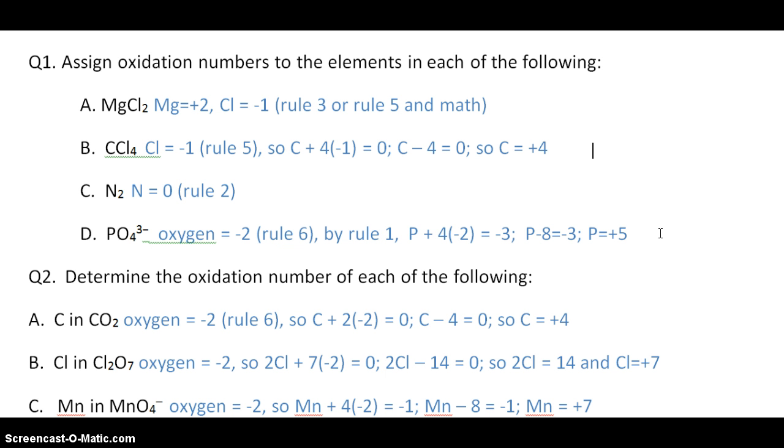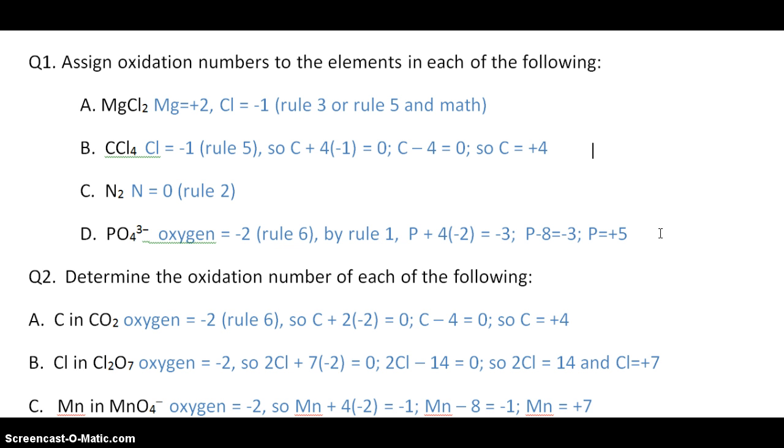Now we have chlorine in dichlorine heptaoxide. Once again, oxygen is -2, and you might be tempted to say that chlorine is -1. But chlorine is only -1 when it is not paired with oxygen or fluorine. And in this case, it's paired with oxygen, so we have to do some math. We'll use rule 1 that says the sum of the oxidation numbers has to equal the overall charge of the compound. In this case, it's neutral.